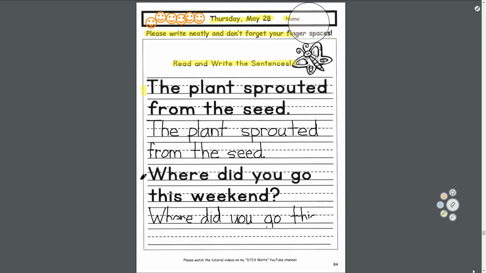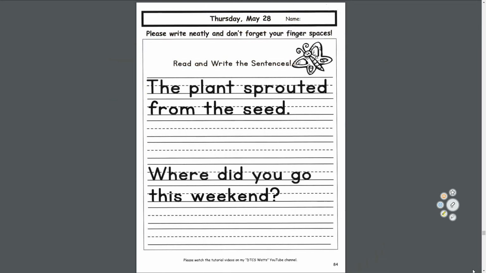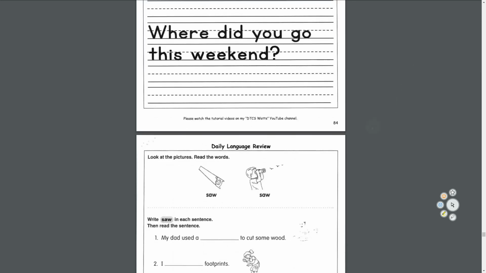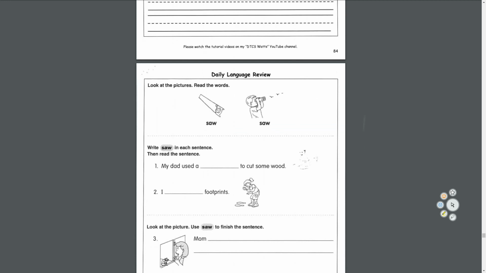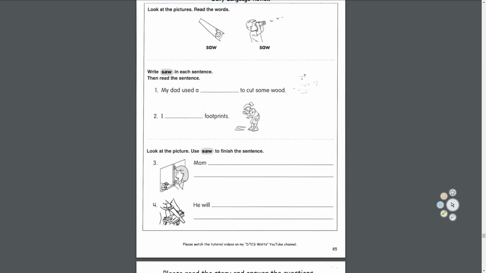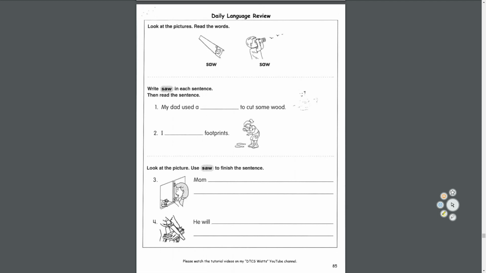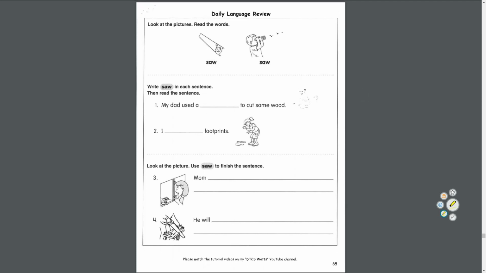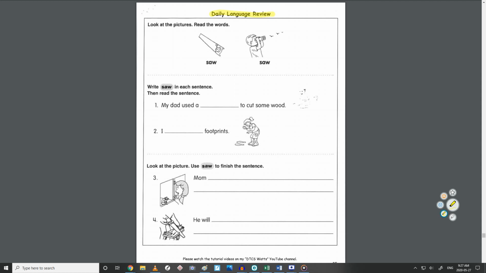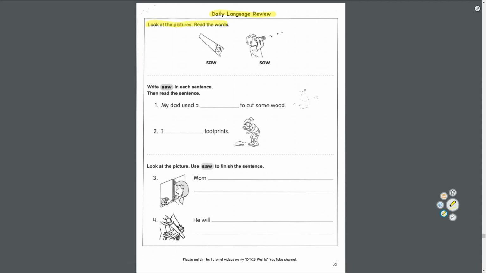Okay, let's move on to our daily language review. And today we'll learn about the word saw and saw. Sounds the same, but it can mean two different things. Look at the pictures, read the words.